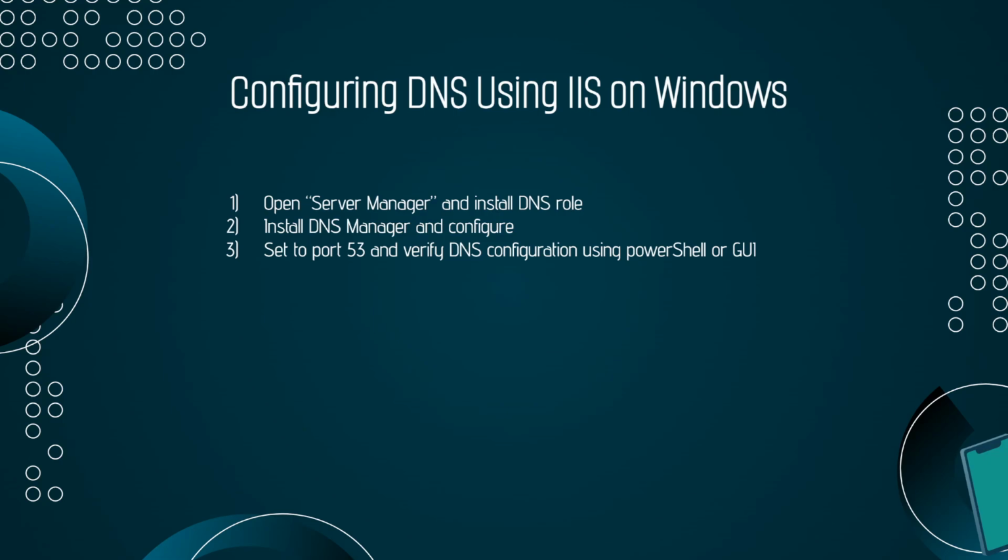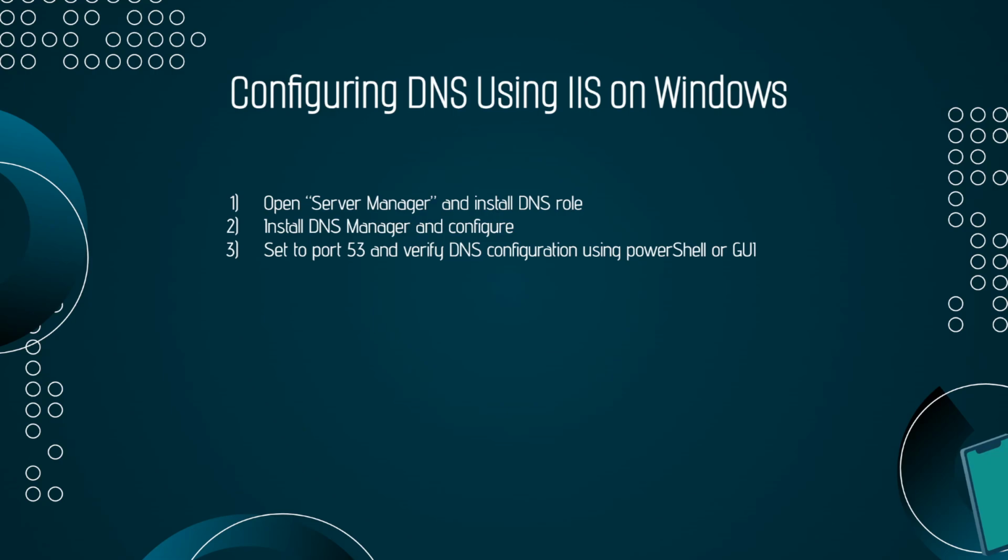So to configure DNS using IIS on Windows, the process starts by opening Server Manager and installing the DNS role. Once you install that, DNS Manager is used to configure the required DNS zones and records. You can check if the DNS queries are processed correctly on port 53.